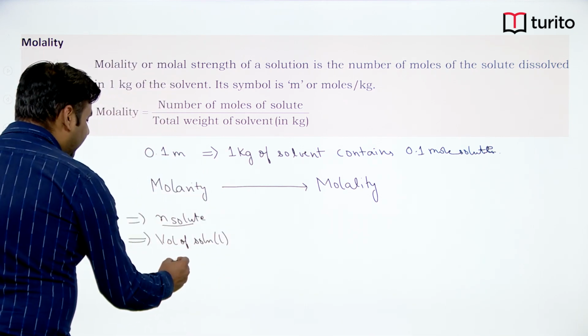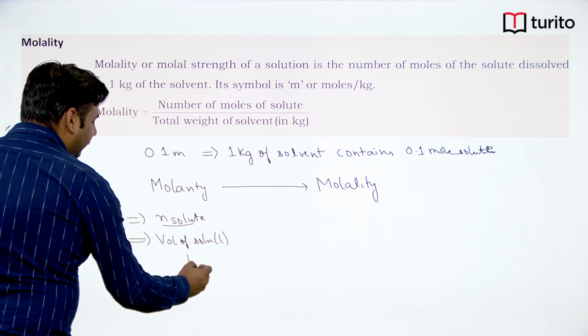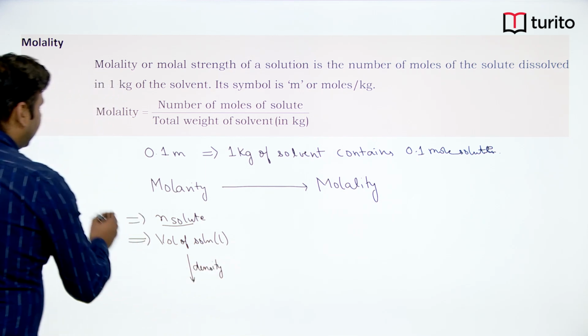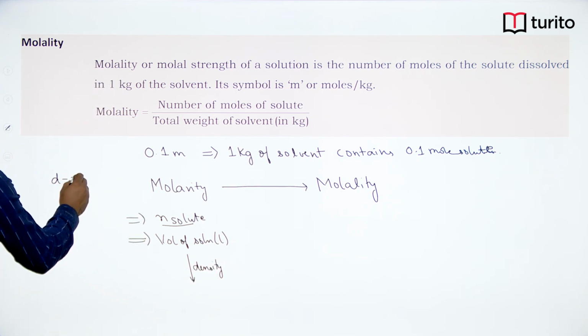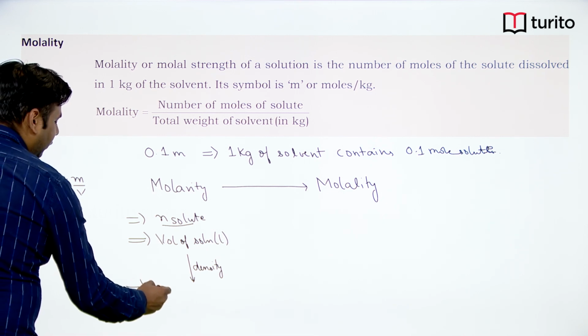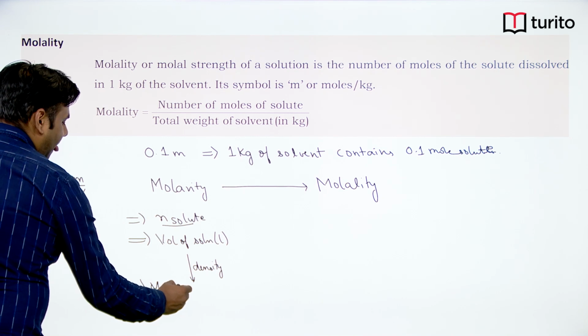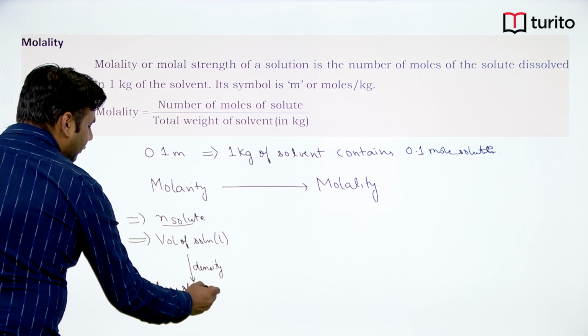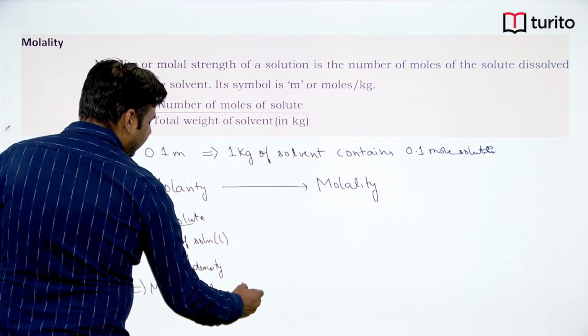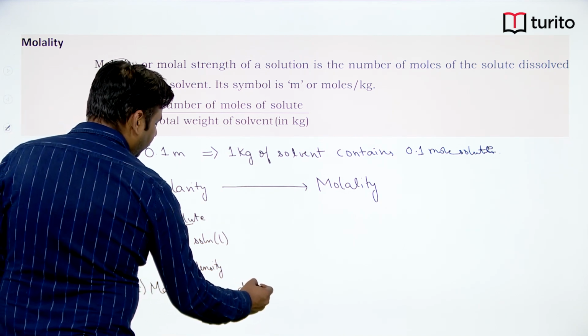But if density is known to us, which is basically mass upon volume, we can find the mass of solution. So mass of solution would be basically density into volume of solution.